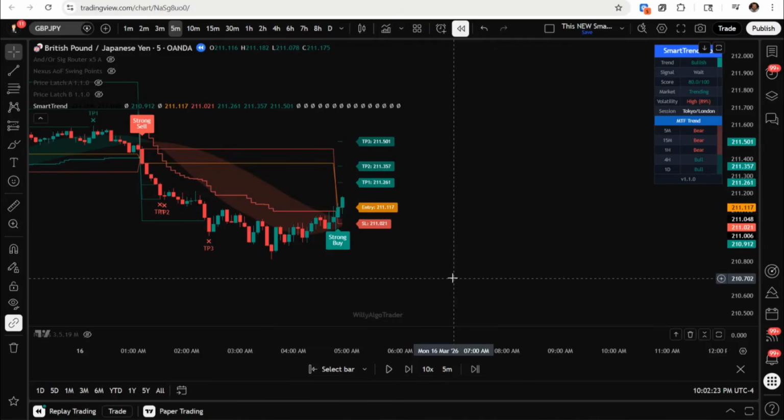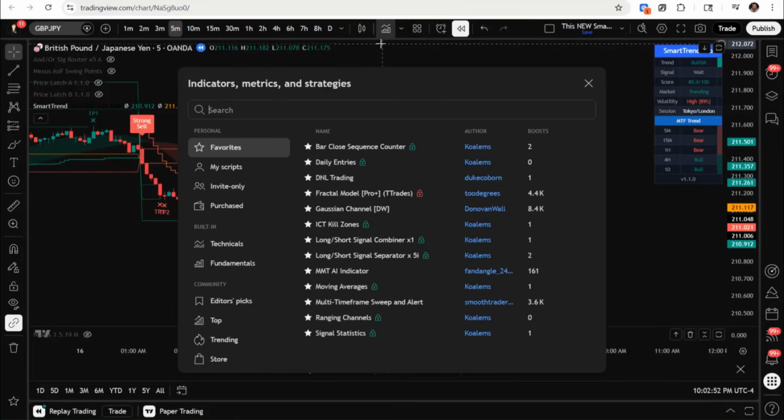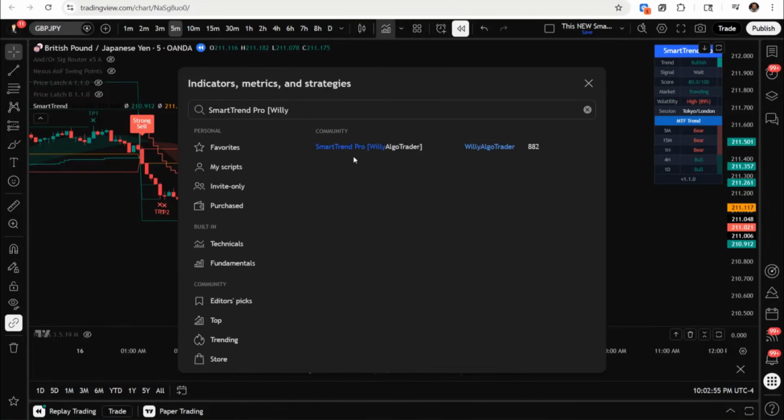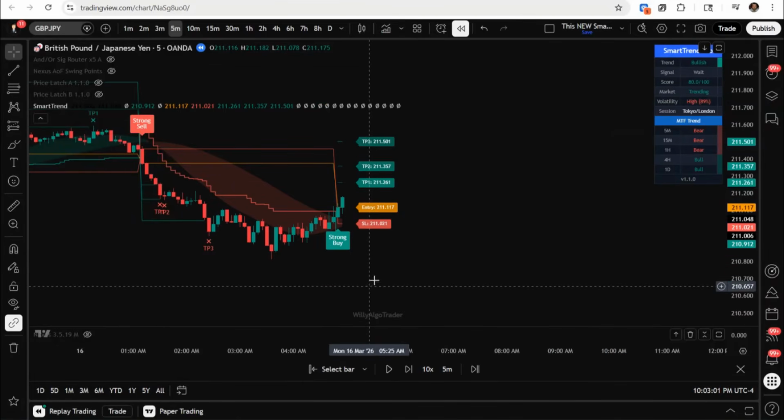That's really hard to know for sure, but the indicator does give buy and sell levels and buy and sell labels. And that's really what we're looking for to see what we can get out of it when we test this particular indicator. And the indicator that we have on screen is called the Smart Trend Pro. It's going to be this one right here. Go ahead and add that one to the screen. And you can see it here on screen.